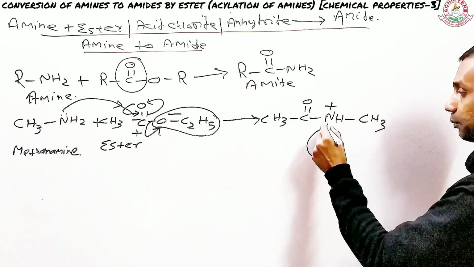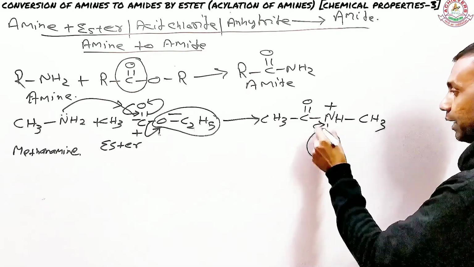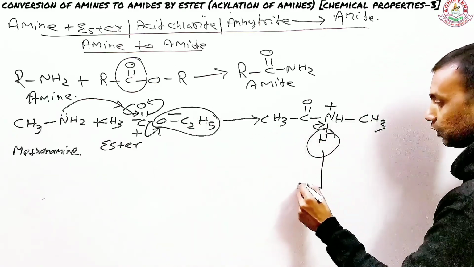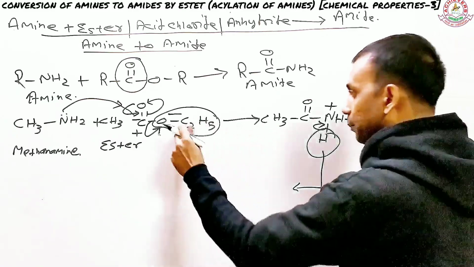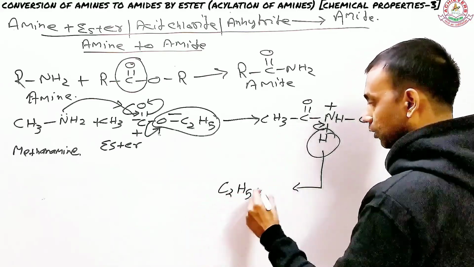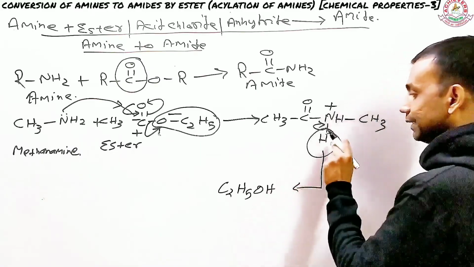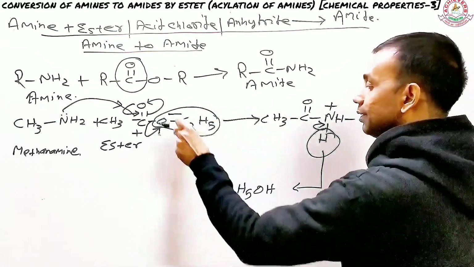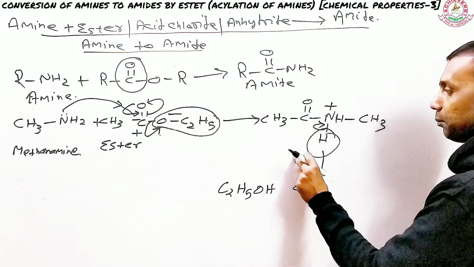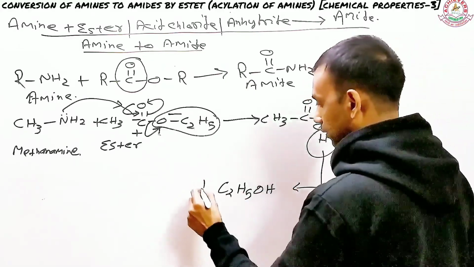This bond will undergo cleavage, and the proton will go with the C2H5O, resulting in the formation of the first byproduct, ethanol, C2H5OH. What remains is your amide.